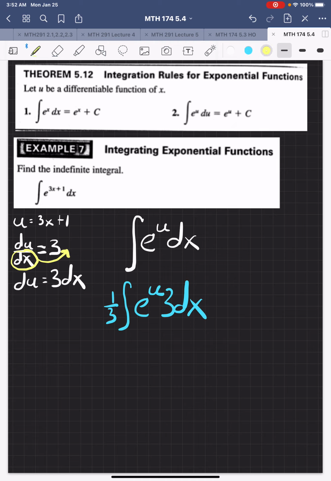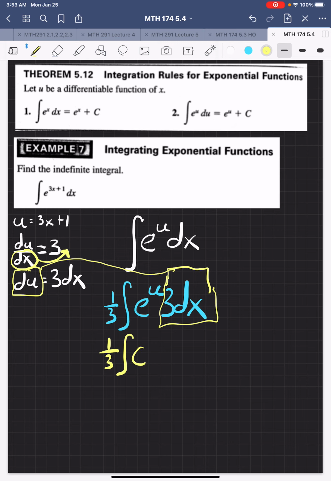I just wanted to, since it's been a while. So now I have what I need. Wherever I see a 3 dx, I can insert a du. So this 3 dx right here is about to disappear, and in its place is going to be du. So let's see what that looks like. I have 1/3, I want to integrate e to the u, and now I've inserted a du. And now everything is perfect.